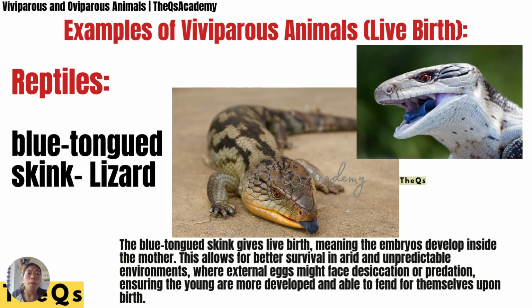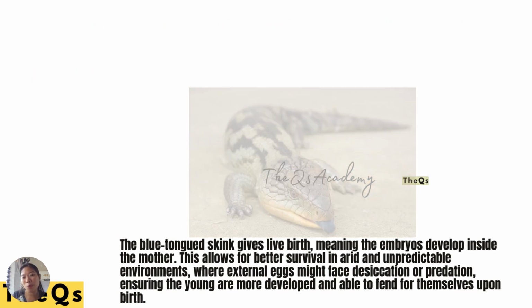We have also blue tongue skink lizards. Common lizards are oviparous because they lay eggs. But the blue tongue skink lizard is viviparous. Their embryo develops inside the mother's womb.